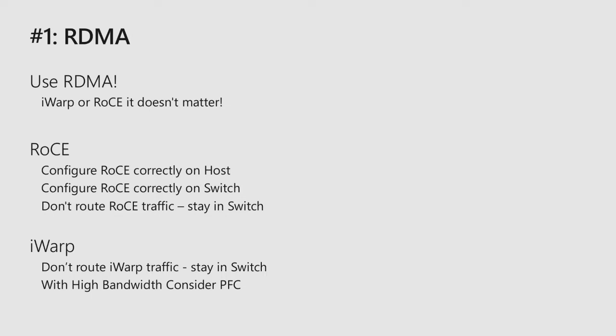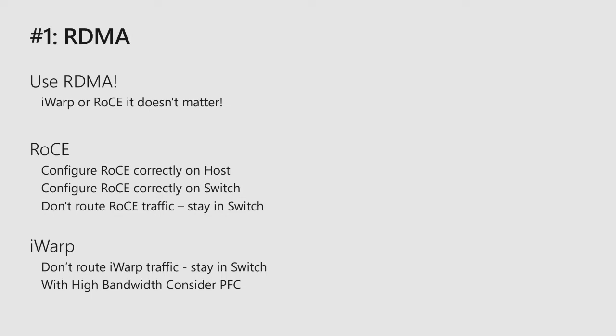Because with RoCE, there is a demand that the switches can identify the RoCE packets. RoCE, in essence, is InfiniBand over Ethernet. And the protocol, if it loses packets, you have problems. So you have to tell your switch, this is a RoCE packet, and it's very important, don't lose it. And to do that, you have to tag your traffic on the host.